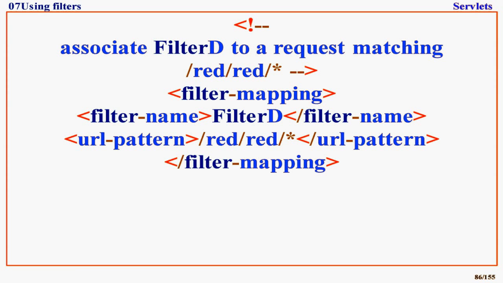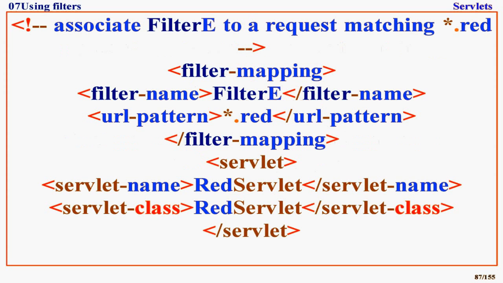Associate FilterE to a request matching red: filter mapping, filter name FilterE, URL pattern red.